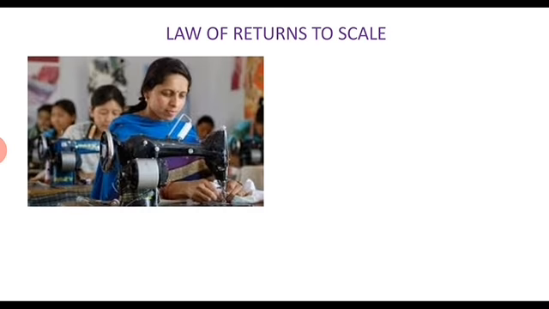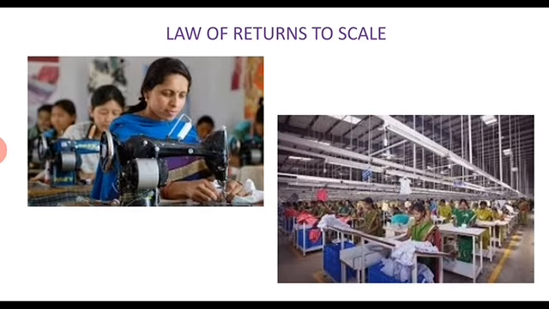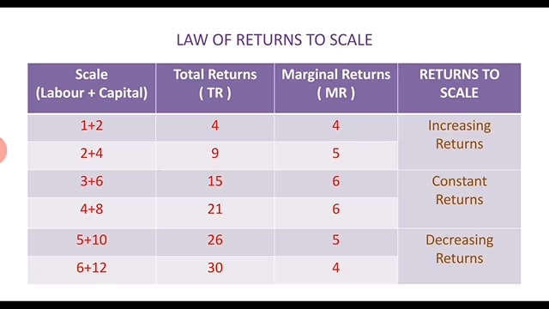This can be explained with an example. This is a small scale. The scale is increased to large. If we observe the table, at the scale 1 plus 2, the marginal returns are 4.